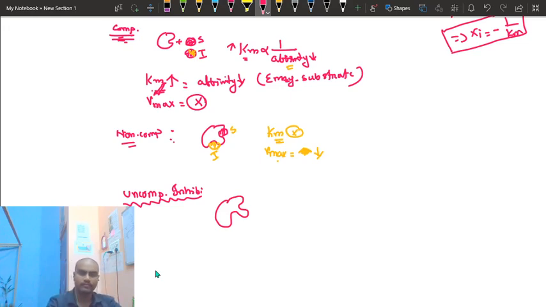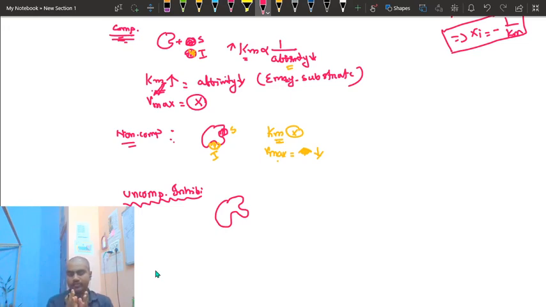One site is allotted for the substrate and another site is allotted for the inhibitor, right? So in uncompetitive inhibition, there is no direct competition, but there is a little bit of competition between inhibitor and substrate, and this competition is indirect. Though this enzyme has two different sites, one for the inhibitor and another for the substrate, it depends upon their concentration.